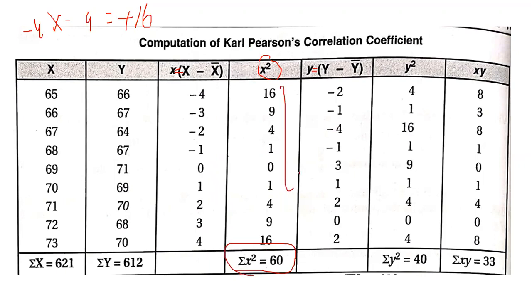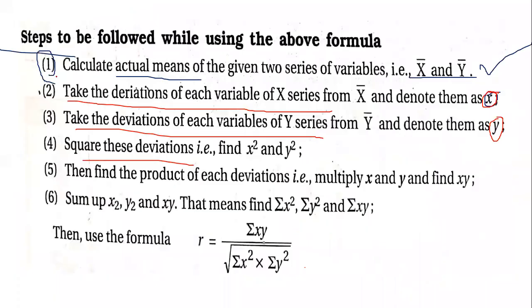How did I get 60? Just add everything, you'll get 60. Similarly, for y square also, add everything here, you will get 40 as sigma y square. So this completes our next step, that is square these deviations. We also found out x square and y square. Now let us see the next step.